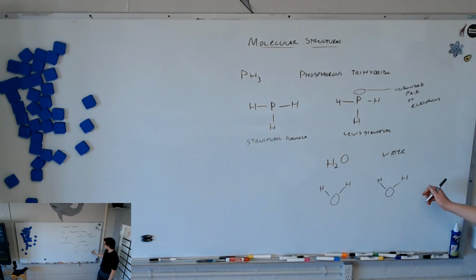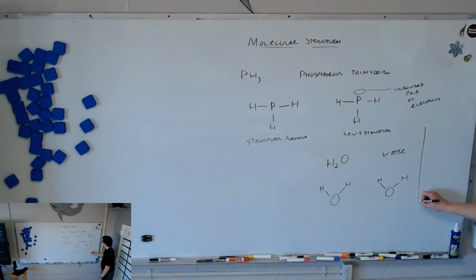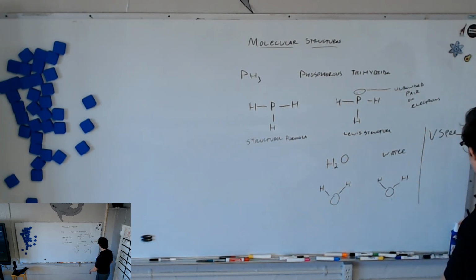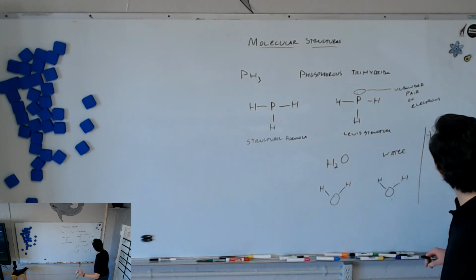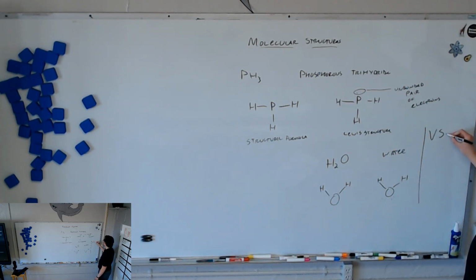And this is getting into something that we're going to talk about, well, I guess we might as well talk about it now. This idea of the VSEPR, not VSPER. We call this the VSEPR Model.